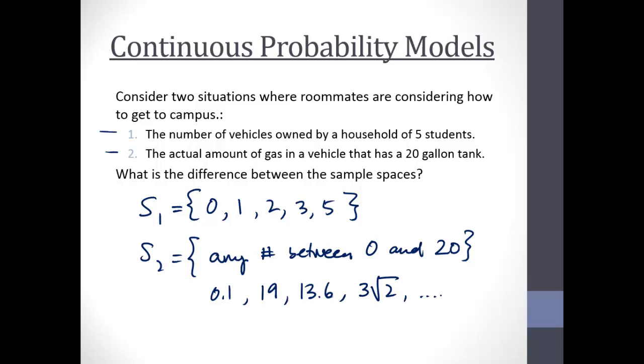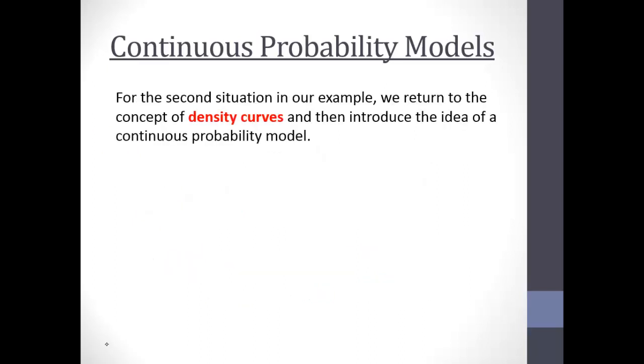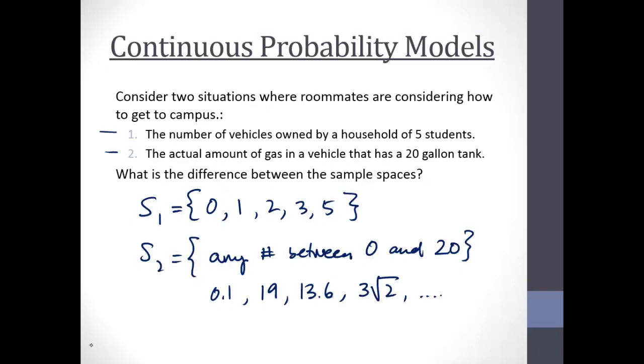So it's not just 0, 1, 2, 3 up to 20. And so the key here is that I can't list all the possibilities for S2. So in my second case, I cannot list out all the possible amounts of gas that I might have in my gas tank.